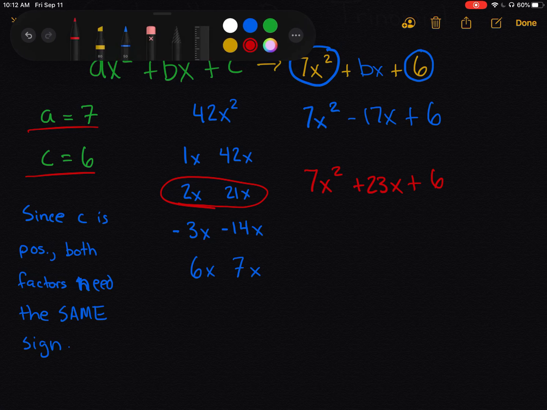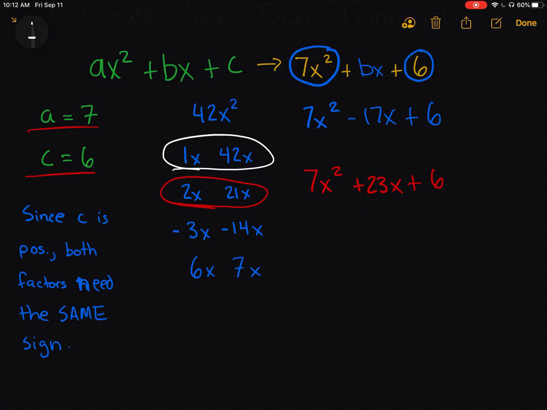Or another option is the 1x and the 42x. So you could have 7x squared plus 43x plus 6.